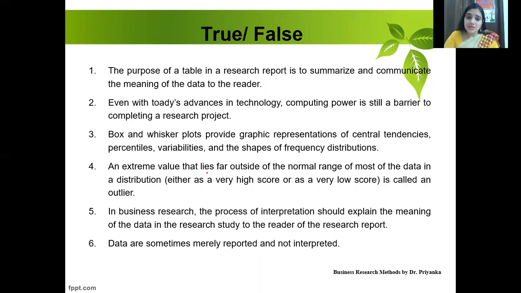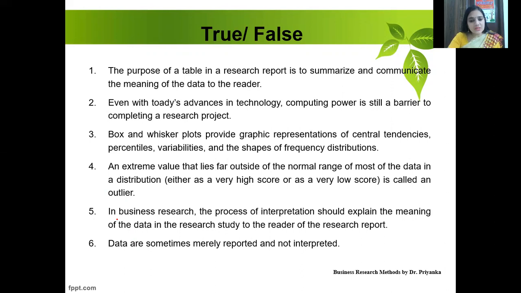For example, somebody's date of birth is 1973 and you wrongly entered it as 1873. That would be counted as an outlier. While making histograms, you check whether the values are all in the histogram or lying outside. That outside value would be considered an outlier, right? So this is true.